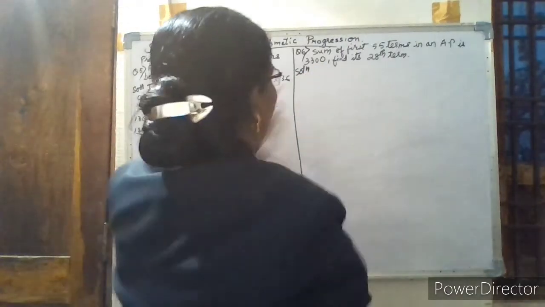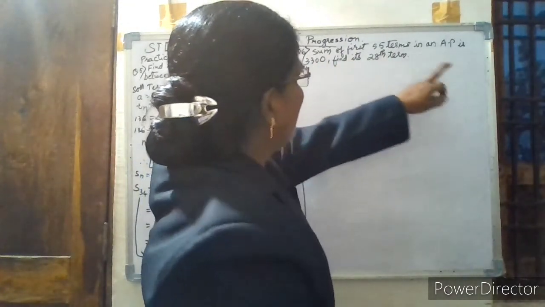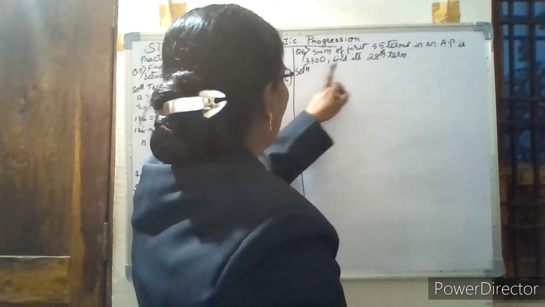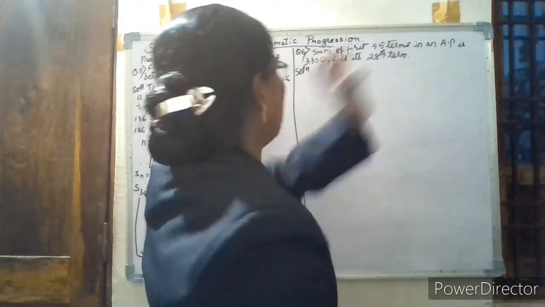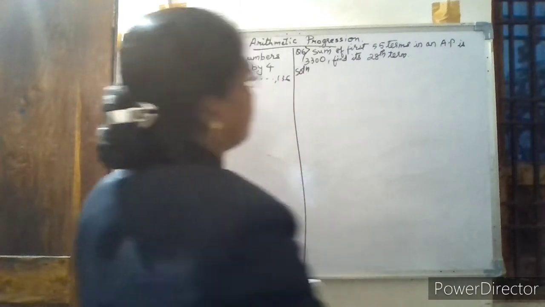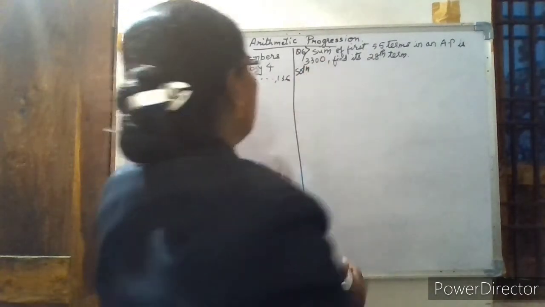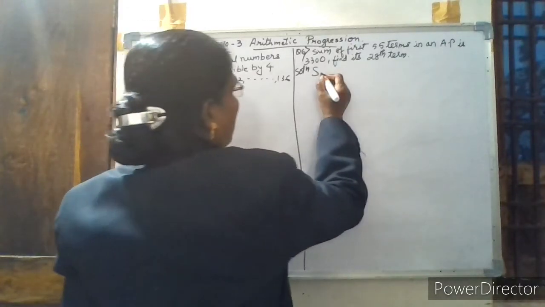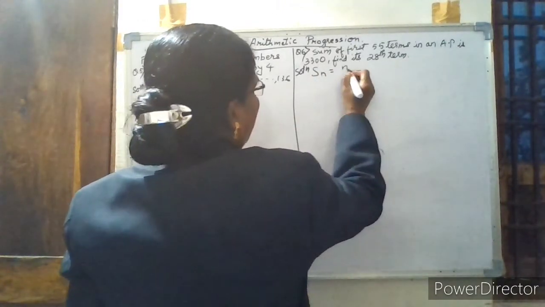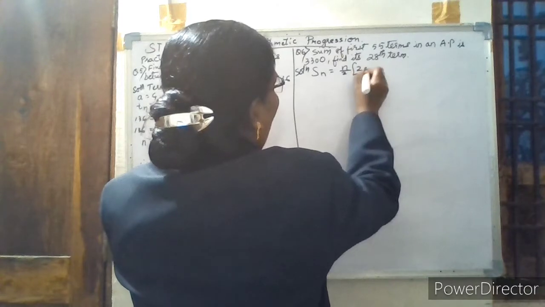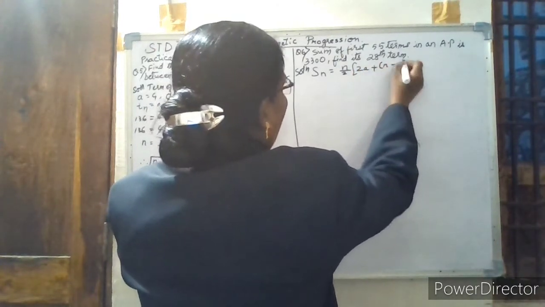Here the sum of the first 55 terms of an AP is given as 3300. Find its 28th term. Directly we will take the sum of n terms formula, which is n by 2 into 2a plus n minus 1 into d.